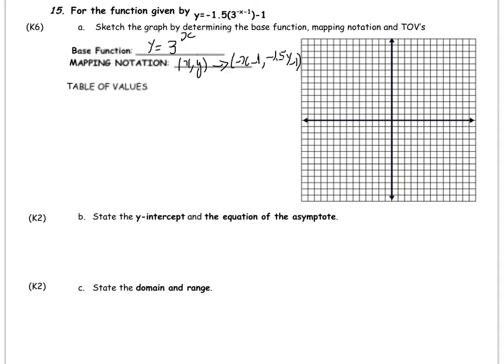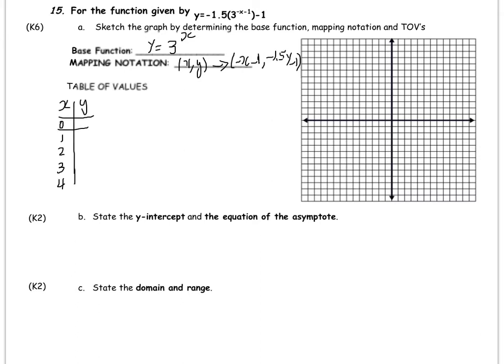Now for the table of values, I'm going to draw two tables, one for the base function and one for the transformed function. The x values that I'm going to choose are 0, 1, 2, 3 and 4.